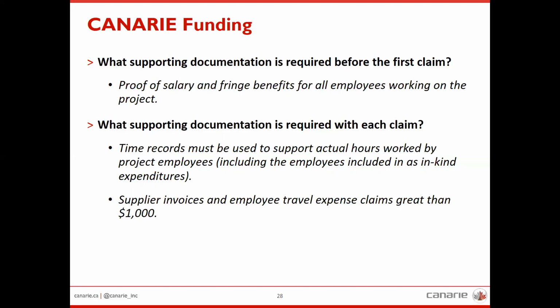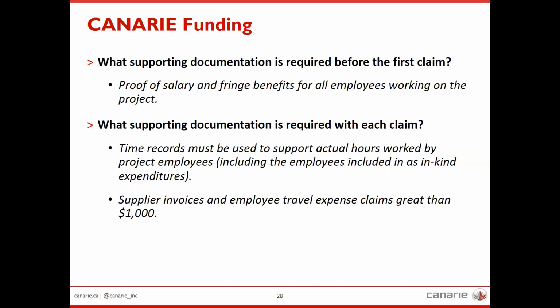If it's done in-house, like in the university payroll, we'll ask for reports to support that. From a benefits point of view, if you have a third-party benefits provider like Great-West Life or Sun Life, we would ask for a copy that ties directly to that employee's benefits.